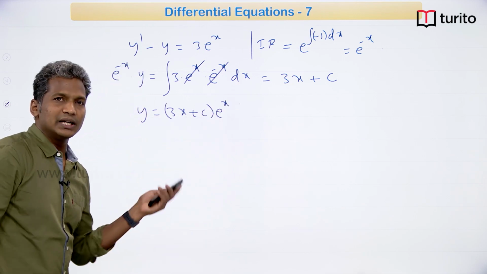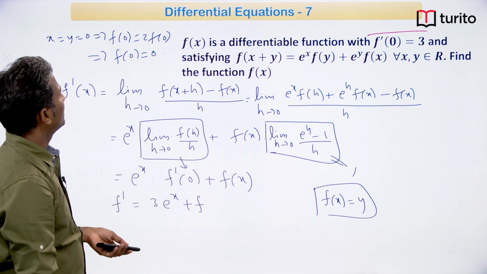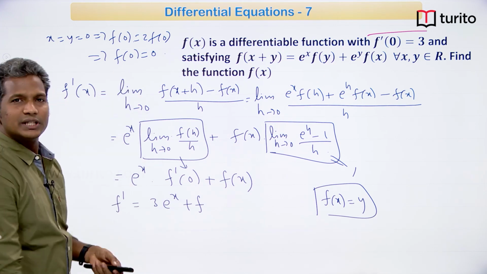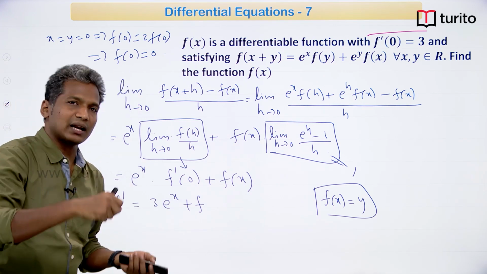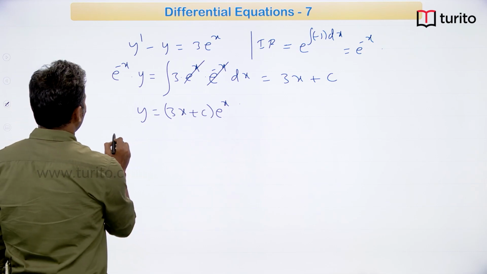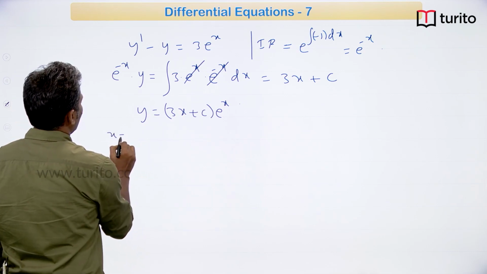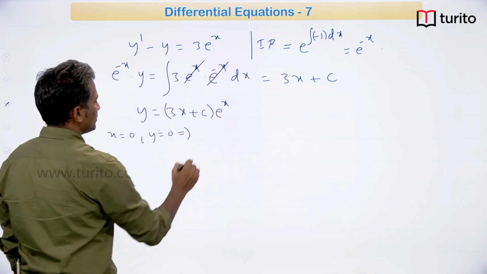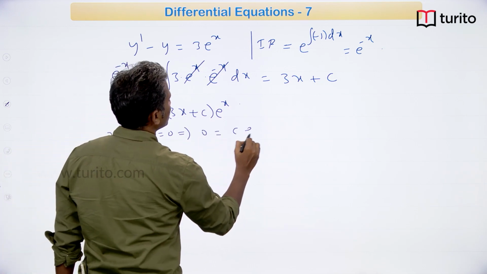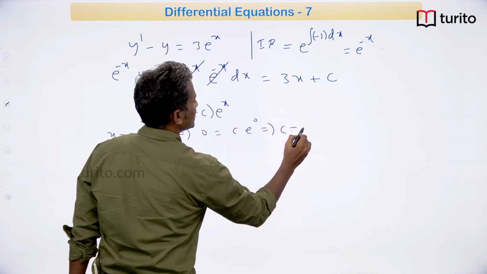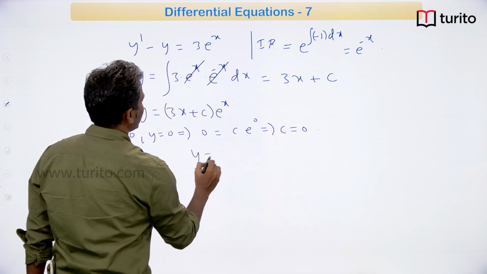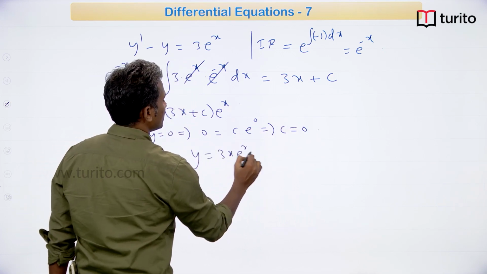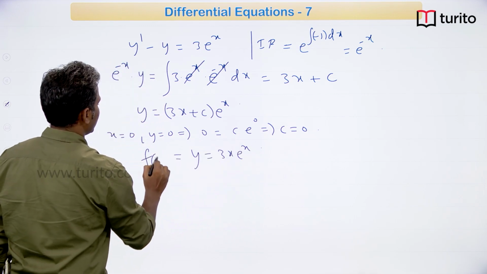Now put the given condition. What is it? f of 0 is 0. We basically derived it. So that means at x equal to 0, y also must be 0. So that will give us 0 equal to c into e raised to 0, which means c is also 0. So y equal to 3x into e raised to x is the function which is f of x.